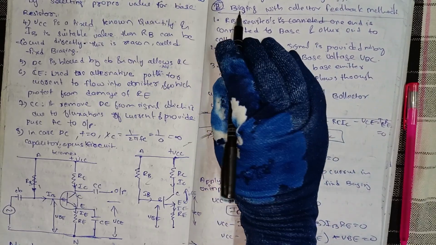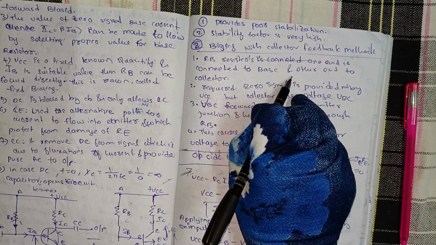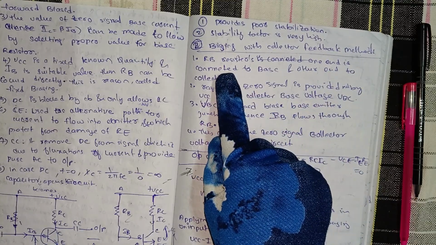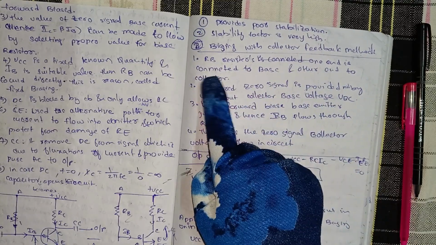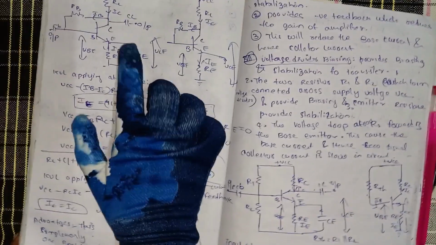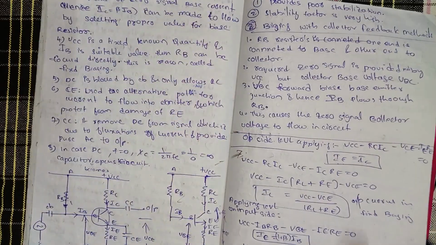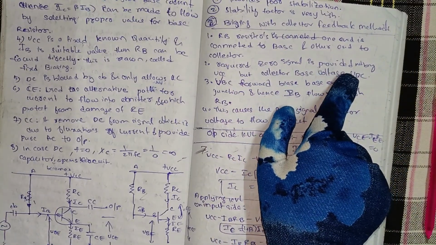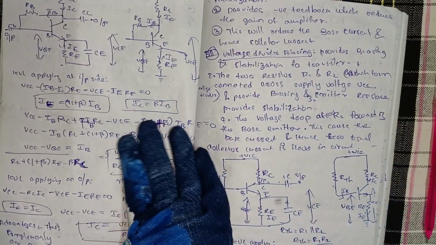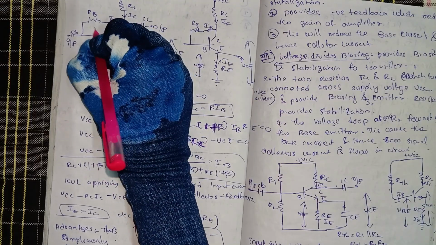Next we will see the biasing with collector feedback method. The RB resistor is connected with one end to the base and the other end to the collector. Then the required zero signal is provided not by VCC but by the collector base voltage VBC.